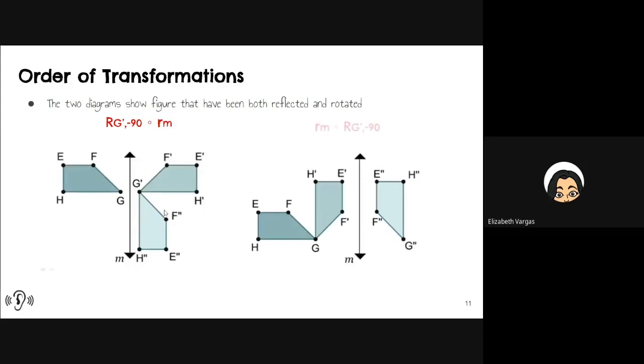But the second diagram was rotated about the point G prime, negative 90 degrees, and then reflected across the line M. So as you can see, if we read the composition of transformations backwards for some reason, we would get the wrong resulting image, right? So it's very important that we read from the rightmost transformation to the leftmost transformation. If not, we're going to end up with two very different looking diagrams or the wrong answer.